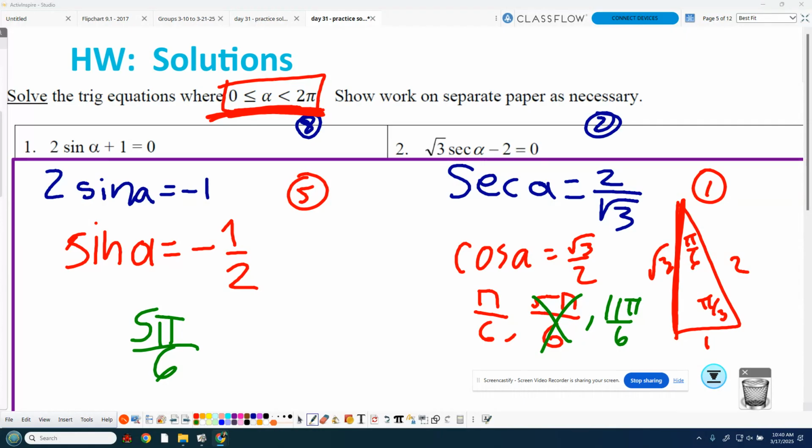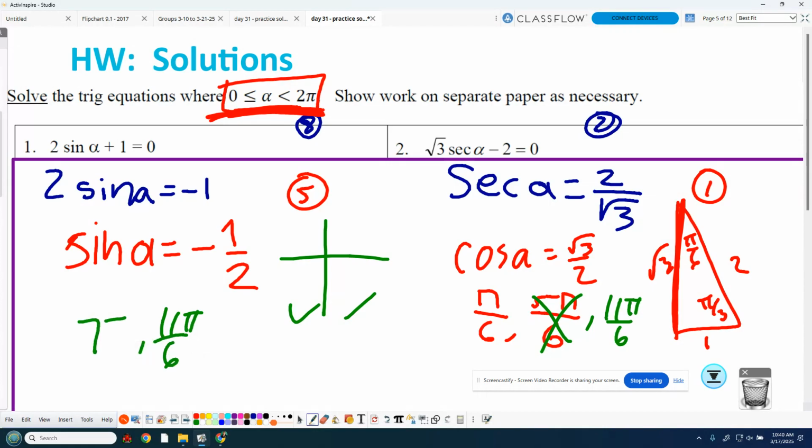That one says no. No? How many quadrants is sine negative in out of the 4? The bottom 2. That means 11 pi over 6 is up here, so that's not going to do it. William, what are you saying? 11 pi over 6 or 7 pi over 6? Because it's pi plus 1/6 more. So 6/6 plus 1/6 is 7 pi over 6.